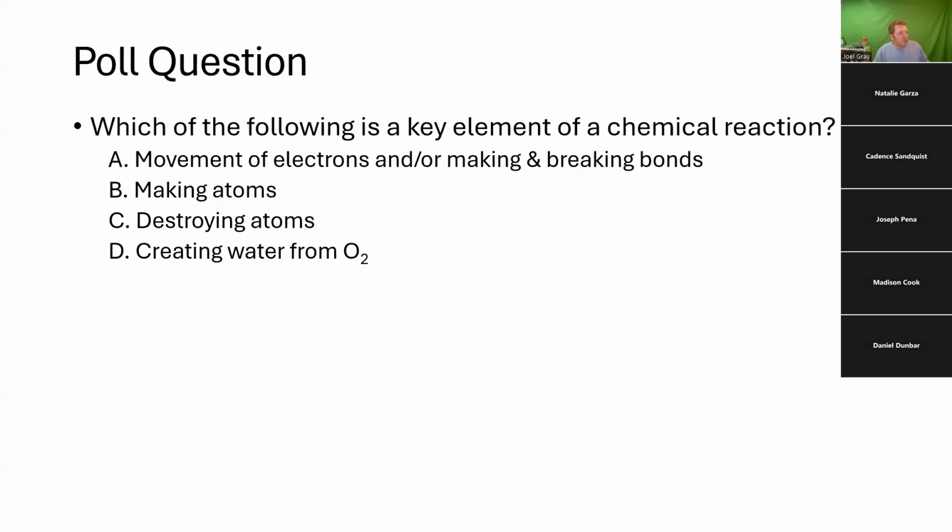Now, which of the following is a key element of a chemical reaction? I want to see the poll question going up now. We've got movement of electrons or making and breaking bonds, destroying atoms, making atoms, or creating water from O2.